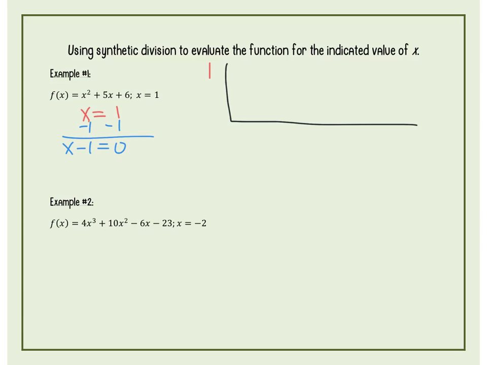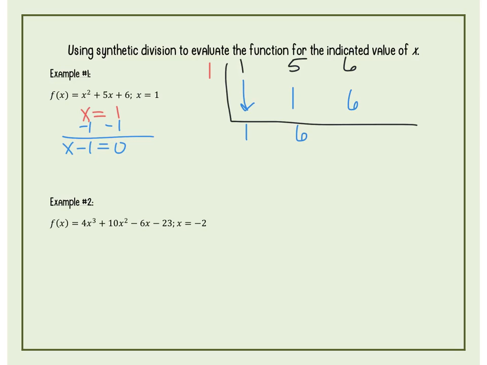So we're going to go ahead and look at our exponents. X squared, x, and then a number. We don't have any zeros, okay? So what are my coefficients? 1, 5, 6. Step number 1 is to always bring down your first term. Multiply with the number on the outside. Add them together.